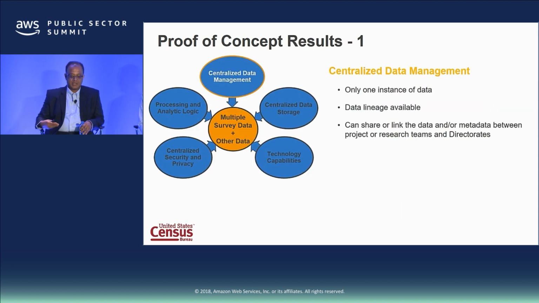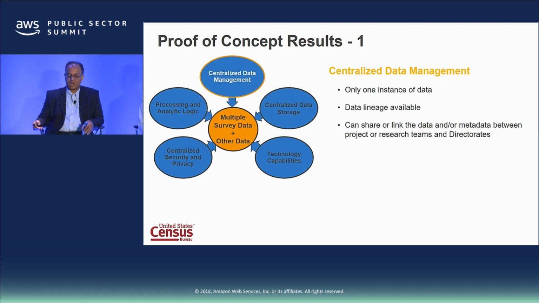And then here is the beauty. We did prove, and we presented it, and Al is going to show you how, that we could centralize the data. There would be only one instance of the data. So even if there are 5 users of the data, I don't have to make 5 copies.